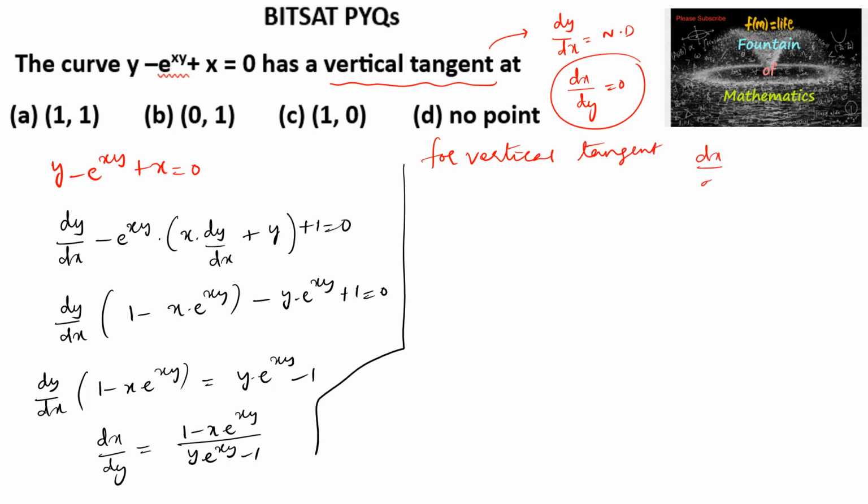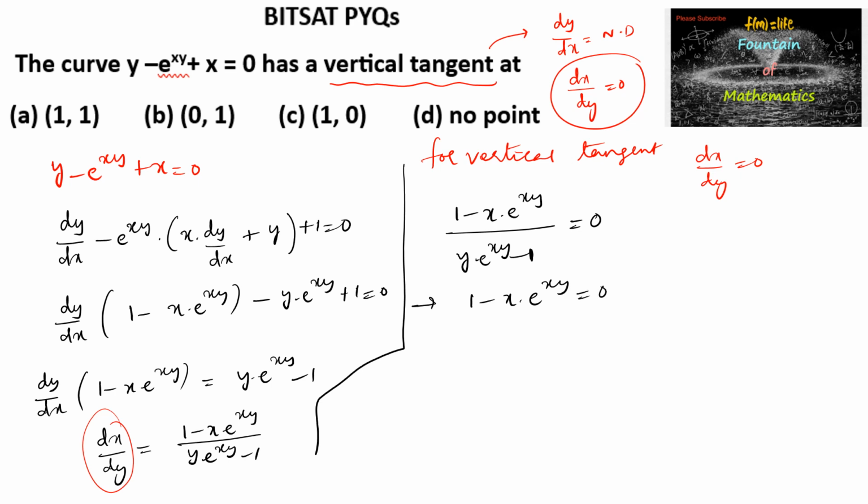So for vertical tangent, dx upon dy is equal to 0. So we consider dx upon dy is 0. So we may write 1 minus x into e to the power of xy upon y into e to the power of xy minus 1 is equal to 0, which implies 1 minus x into e to the power of xy is equal to 0.